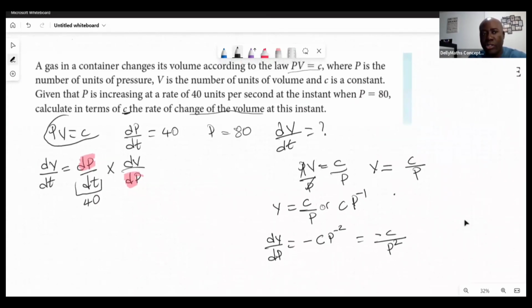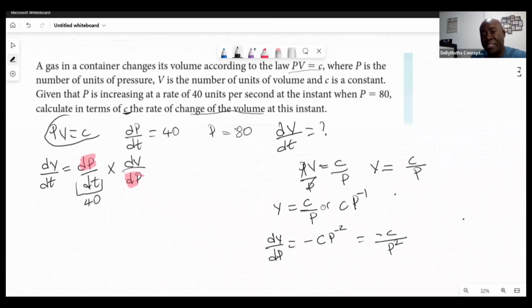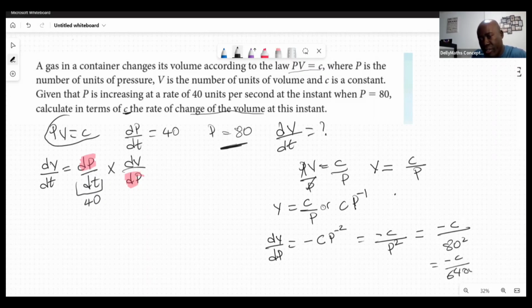Remember that they want us to do this when P is 80. So where P is 80, I'll have -C over 80 squared, right? Which is actually -C over 6400. I'm going to take that as dV dP finally.